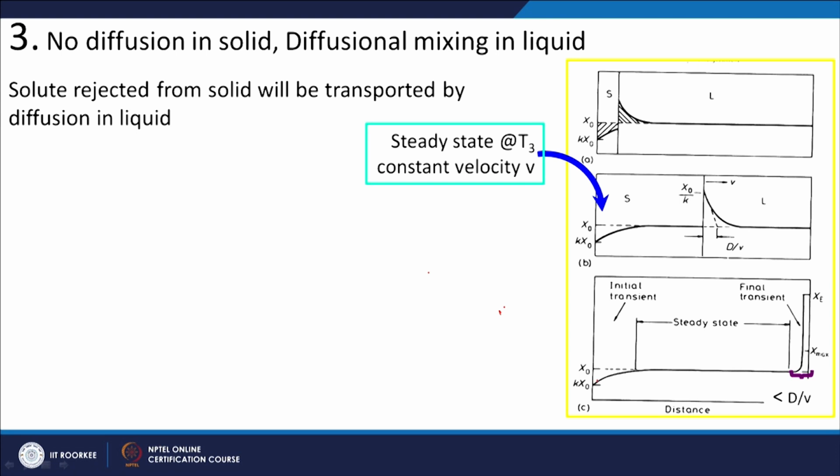Where the solidification starts, you will have k x naught composition, then the steady state will come where the whole solid will have a composition of x naught, and then the final transient will be there, where whatever solute I am rejecting will build up. When this D by v reaches the last part of the bar, the composition of the remaining liquid will rise suddenly to the eutectic composition, and the remaining liquid will transform with a eutectic composition. So, this is how the variation of solute content will be there in the solid.